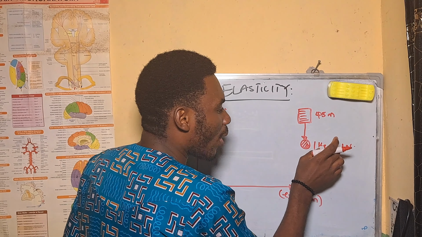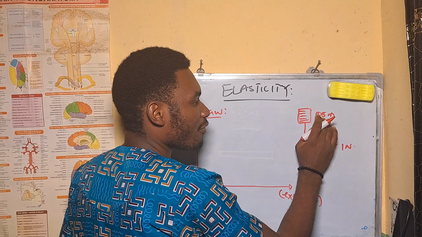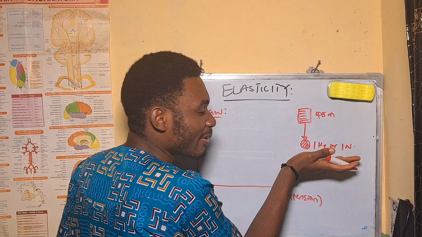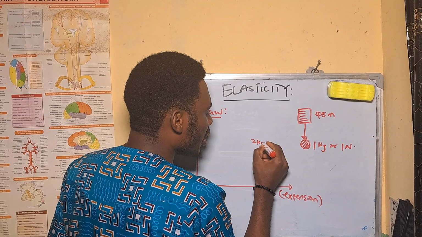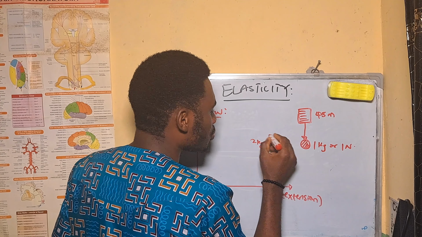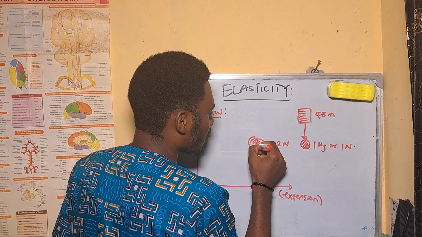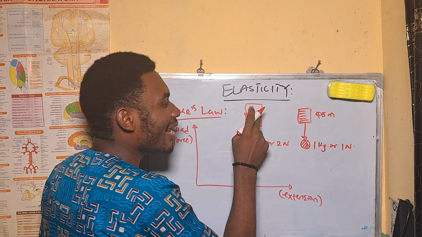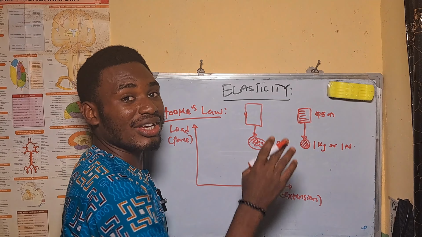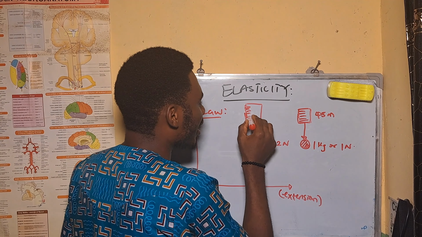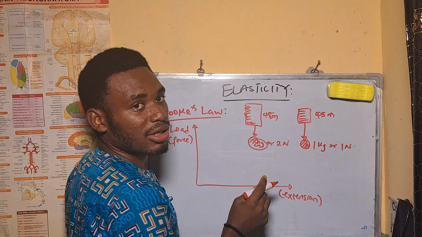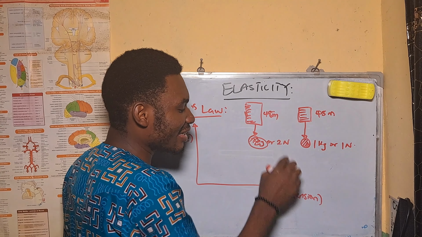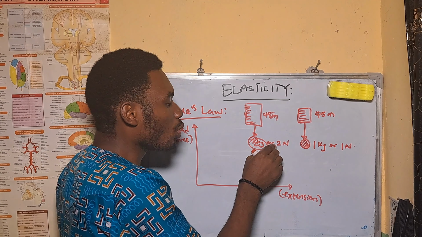If you apply 1 kg or 1 Newton to this 45 meter of material, and you remove this weight, and then you increase this force to say 2 kg or 2 Newton, the length of this initial material is going to increase, say from 45 to 48 meter. So if the length is increasing, that is, if the extension is increasing, the weight is also increasing.